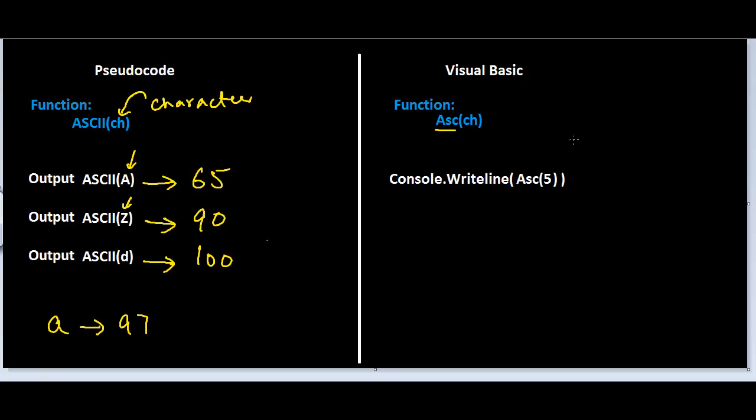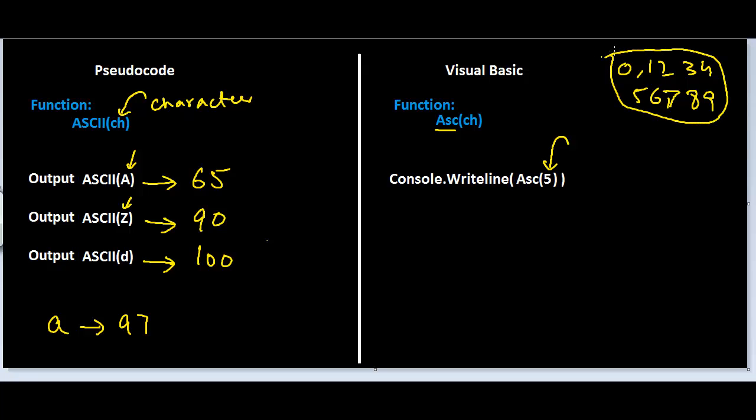In this case what we are trying to do is find the ASCII code of a digit. We have 0, 1, 2, 3, 4, 5, 6, 7, 8 and 9. When these digits are treated as characters, they have a corresponding ASCII code also.